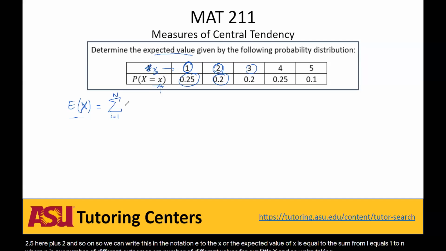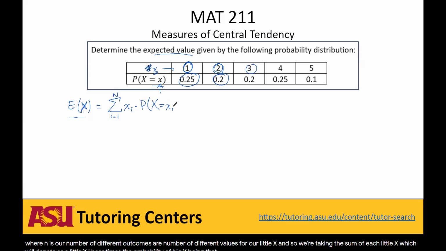And so we're taking the sum of each little x, which we'll denote as little x_i here, times the probability of big X being that little x value. So in our case, we know that n is going to be 5 because we have 1, 2, 3, 4, 5 different values that little x can take.